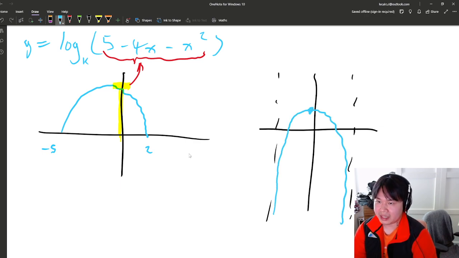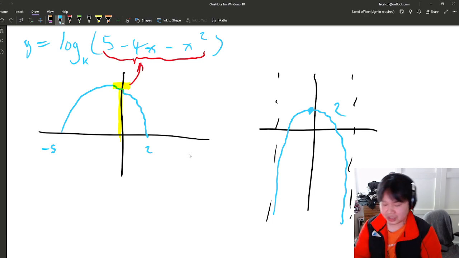And then they're saying that this maximum is 2. Okay.